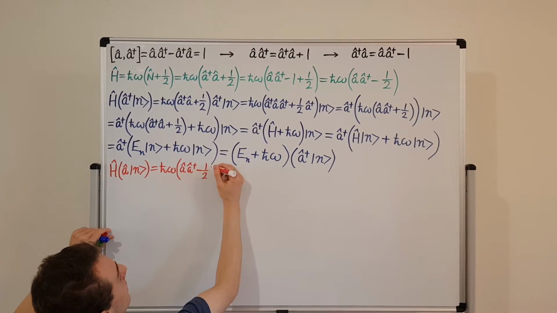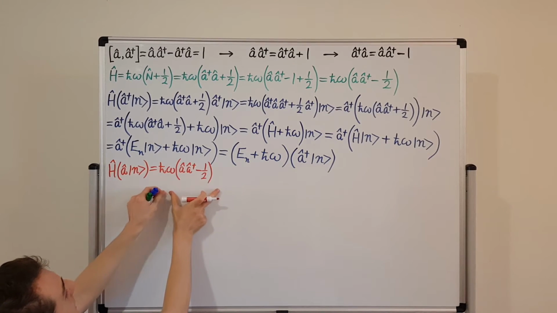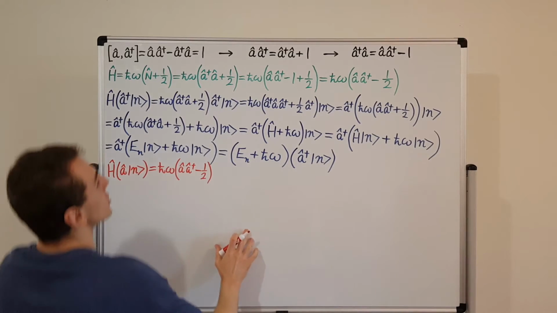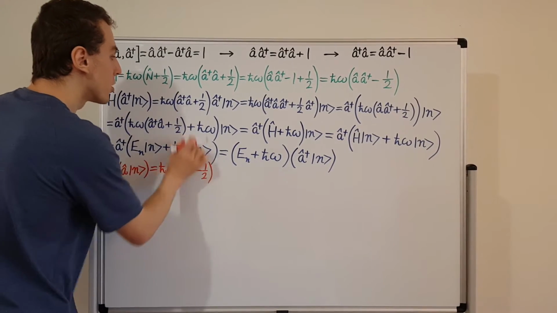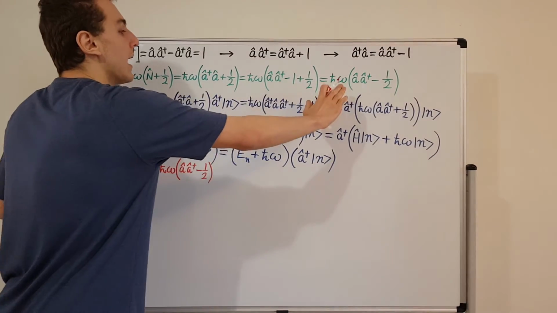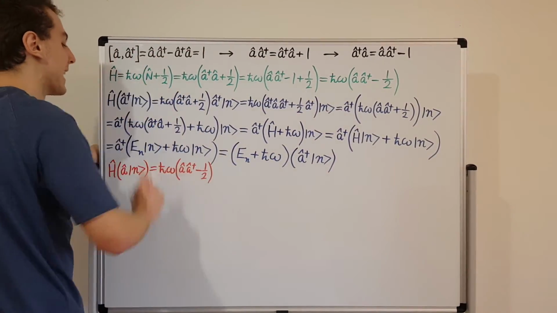So this form of the Hamiltonian operator is far more useful for the derivation that I'm about to do. All I've done is swap the order of these guys and introduce a minus sign. And we know that's equivalent, and that follows from this commutation relation involving A and A dagger.